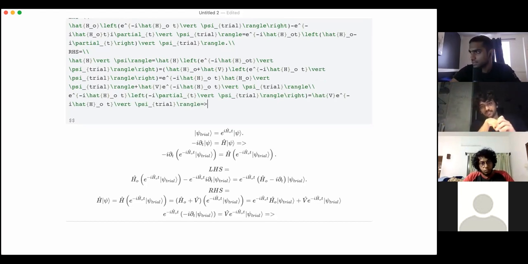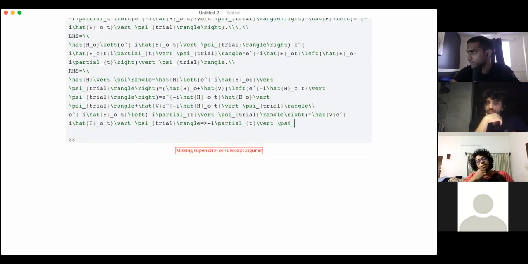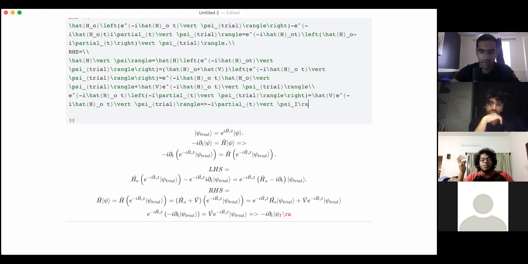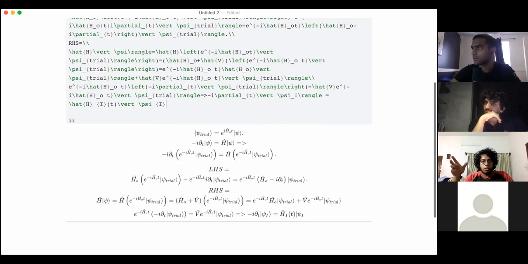Which implies that this i partial T of, I'll call it interaction now, is actually just saying that the operator i minus i dou by dou t is nothing but the potential. Well, not quite exactly the potential.